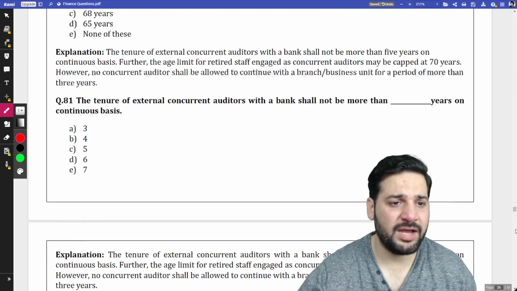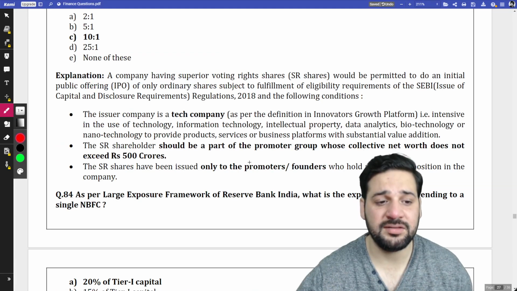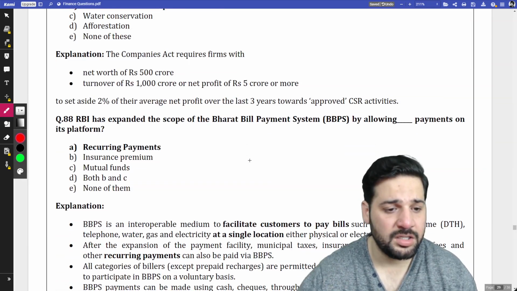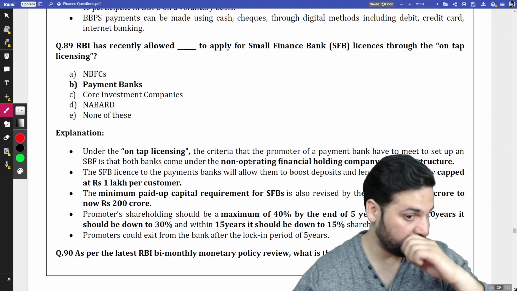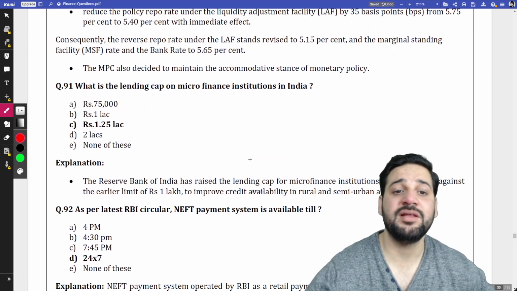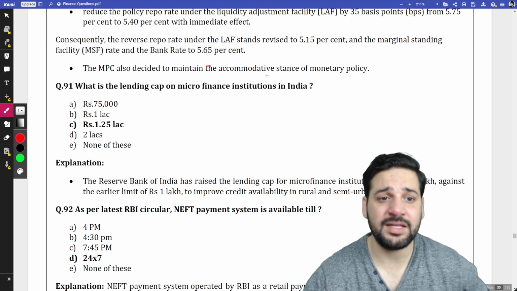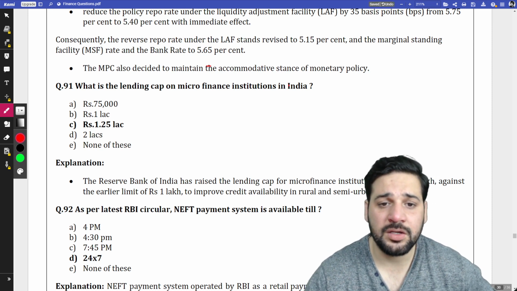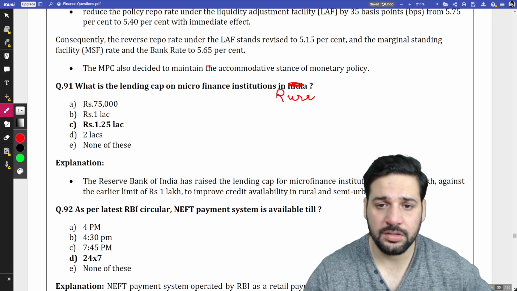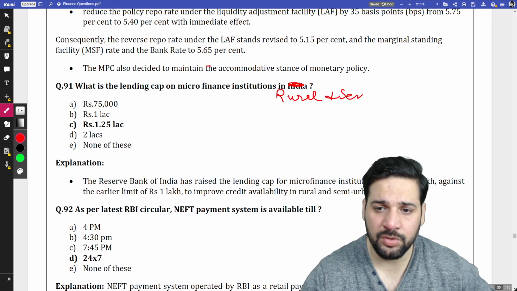So we have already done 3 sessions, and I think we have done 90 questions. This question is really important. What is the lending cap on microfinance institutions in rural and semi-urban areas?